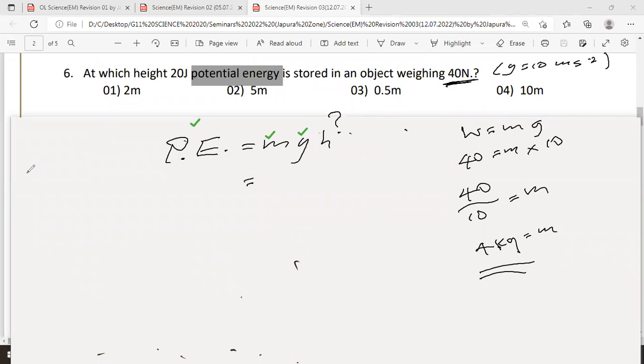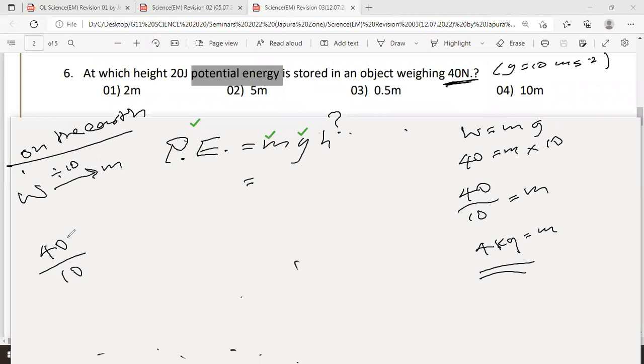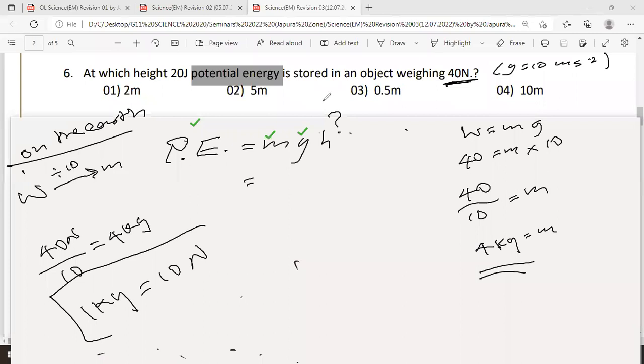On the earth, if you are given the weight, you can directly get the mass by dividing by 10. Example, 40 Newton divided by 10 gives 4 kilogram, because 1 kilogram is equal to 10 Newton on the earth. If you want, you can copy this down. That you should know.